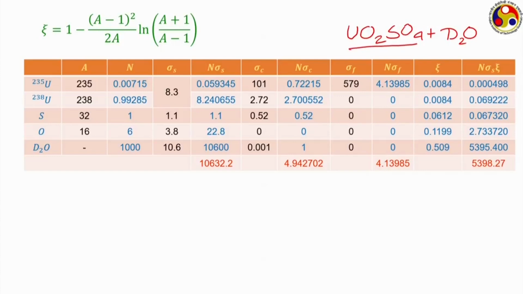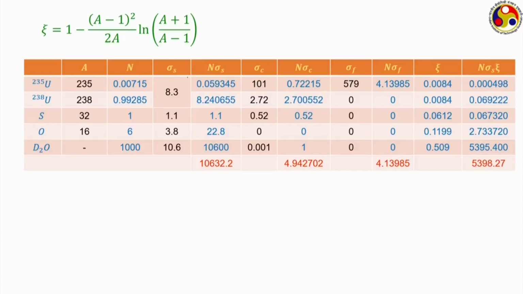Just 1, and for oxygen, that is 2 plus 4, that is 6, and it is also given that for every molecule of UO2SO4 we have 1000 molecules of heavy water. So, that is 1000. Every uranium also contains just 0.715% of uranium 235 and the rest uranium 238. So, for uranium 235 the corresponding N is 0.00715 and for U238 it is 0.99285.